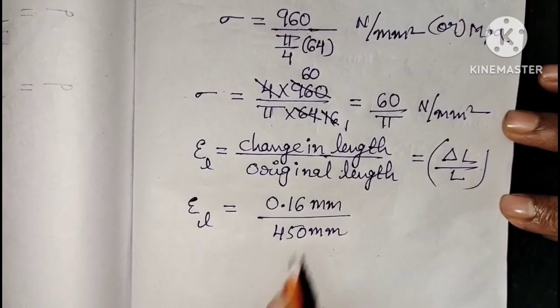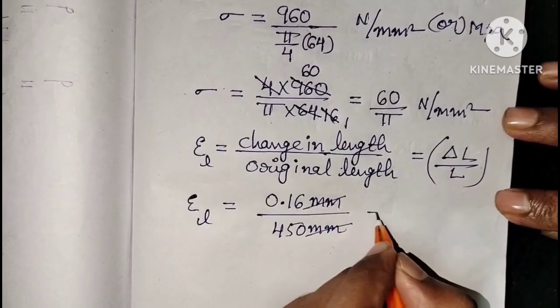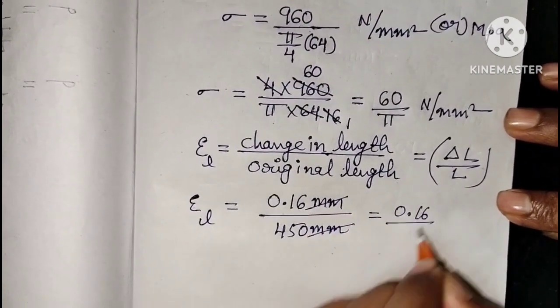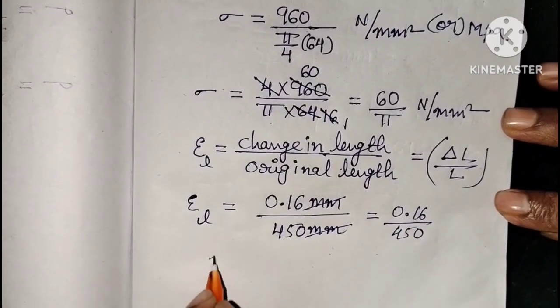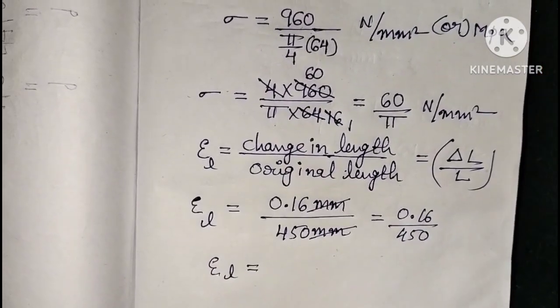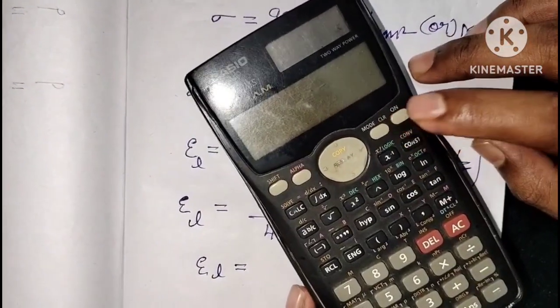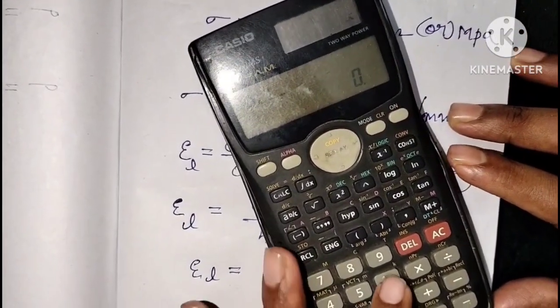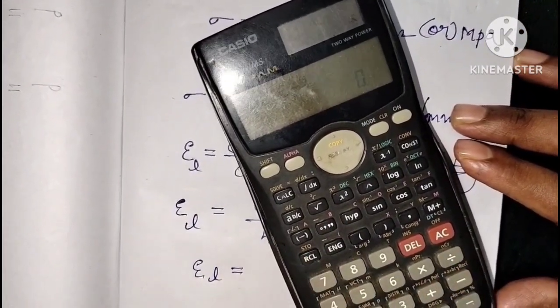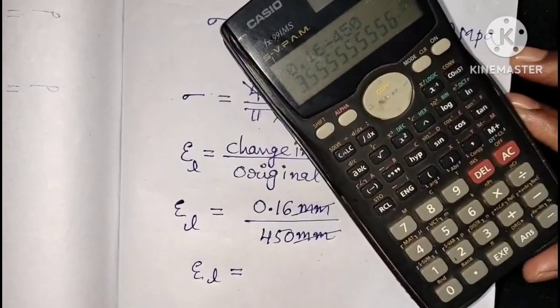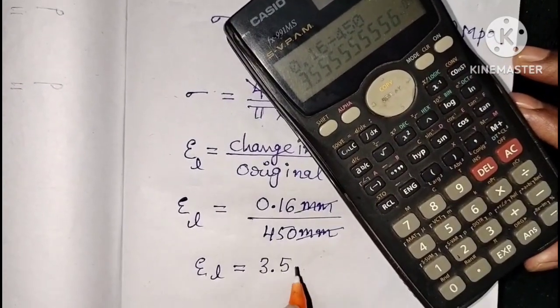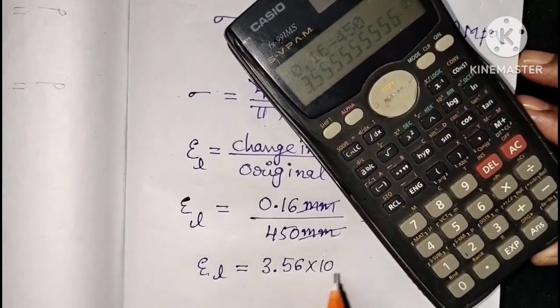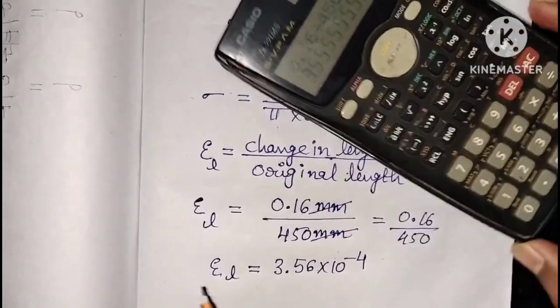The mm cancel, and 0.16 divided by 450 gives approximately 3.56 into 10 to the power of minus 4.